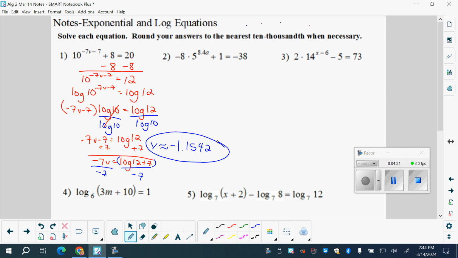So there's a lot of steps there. Questions? Are we having trouble getting that in your calculator? Is that working?